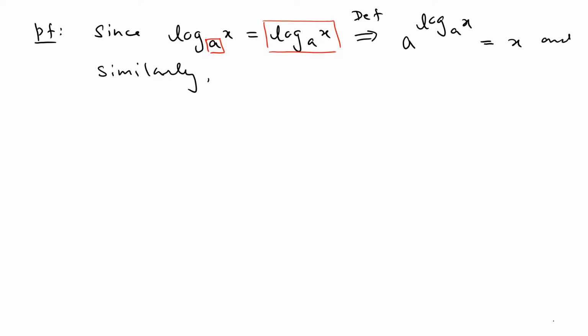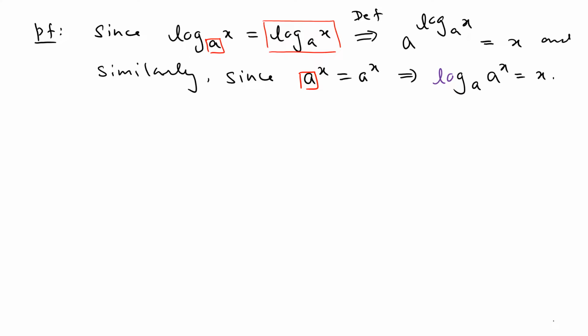Similarly, since we have a^x equals a^x, again just by the definition you consider one of the a's as the base. Then you write the log form: log base a of the number a^x has to be x, just by the definition of log.